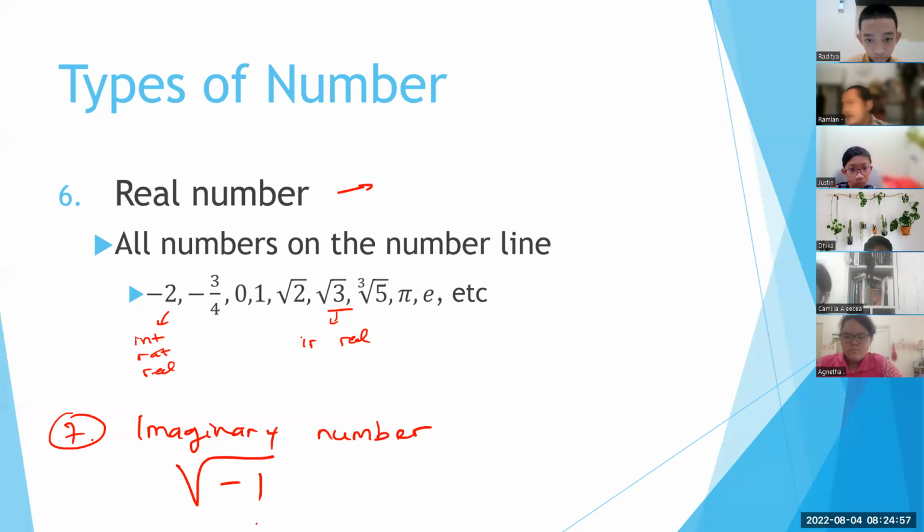First, if you have the calculator, what does it say? Tristan said it's math error. Yang lain gimana? The question is whether it's the calculator that errors or the question itself. Agneta said it shows undefined result. Thank you Agneta, thank you Tristan.